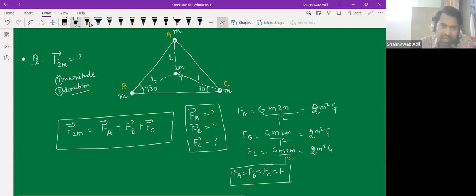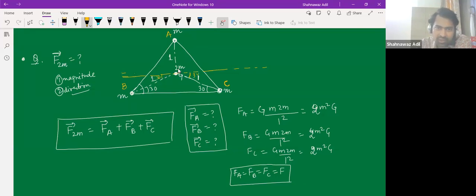I draw a horizontal line at the centroid of the triangle. So if this is 30, this is also 30.